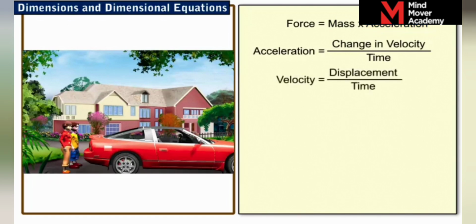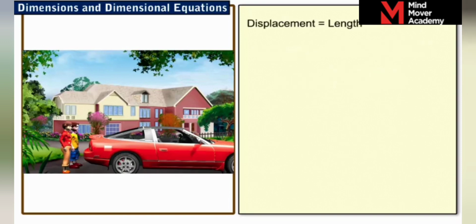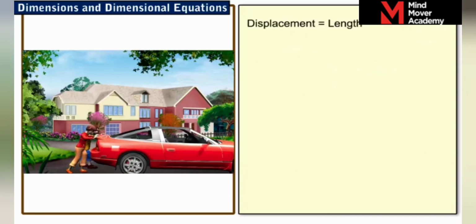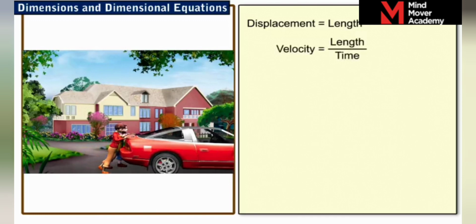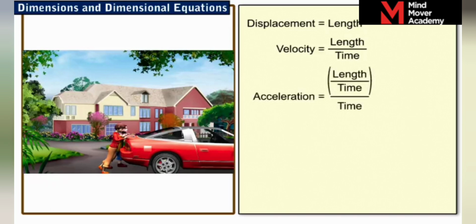Velocity, which is also a derived quantity, is the ratio of displacement to time. Displacement, in basic terms, is length. Thus, velocity can be expressed as the ratio of length to time. Using the same logic, we can write acceleration as length by time divided by time. Thus, the expression for the quantity force can be simplified as shown.